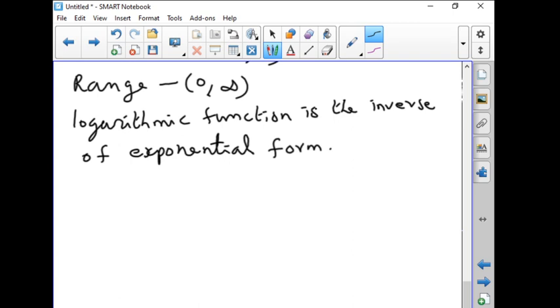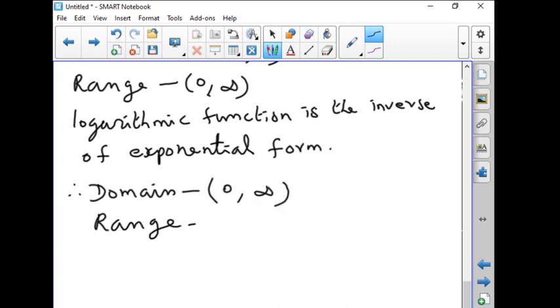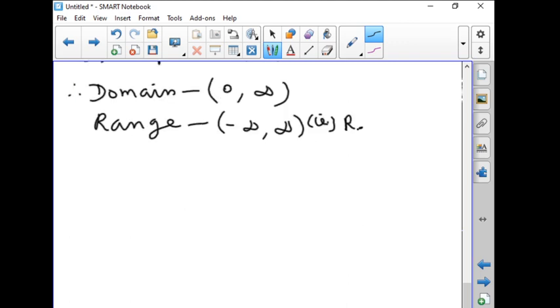Therefore, the domain becomes the range and the range becomes the domain. So, what do you get? Therefore, the domain becomes 0 comma infinity and the range becomes minus infinity comma infinity, that is R. Is it clear, all of you? Because it is an inverse function.